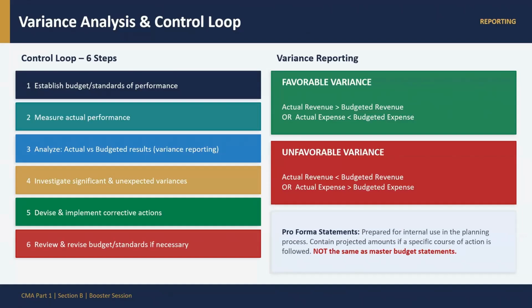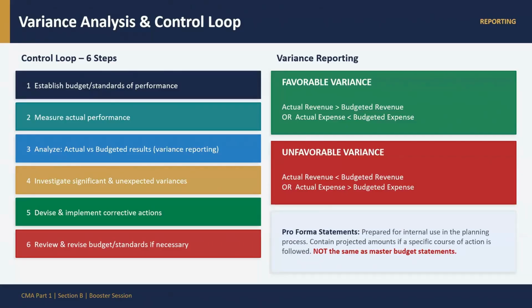Then next up, we have variance reporting. Favorable variance means a benefiting variance for us. Suppose you have estimated a revenue of 10,000, but you actually got a revenue of 15,000. That is a benefit for us. We planned that we will get only 10,000, but we got 15,000. It's good for us.